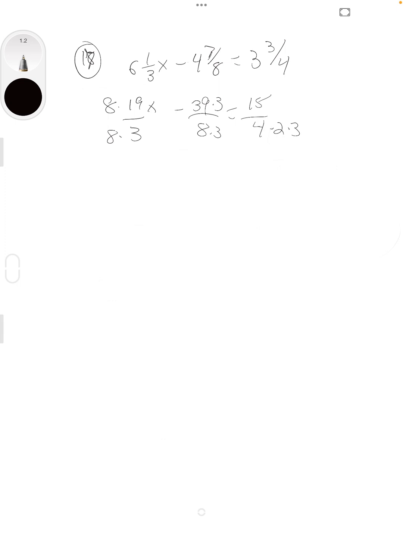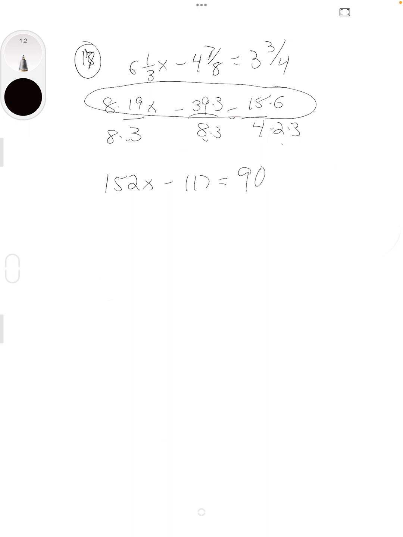So I have 8 times 3, and so 6 on the top. So I have 8 times 19, which is 152x minus 39 times 3, which is 117, equals 15 times 6, which is 90, all over 24. So I only need to look at the numerators if the denominators are the same.